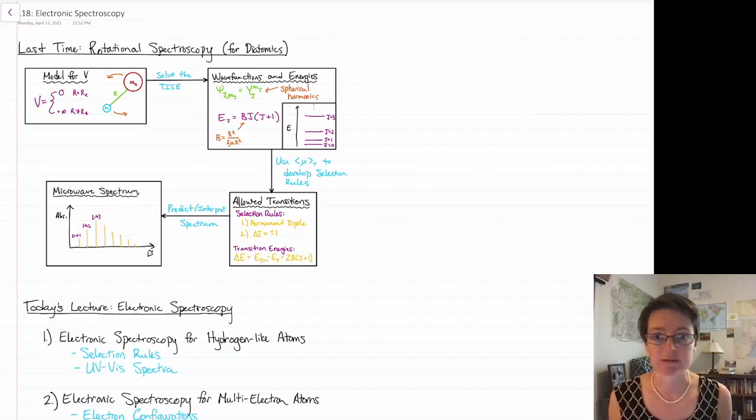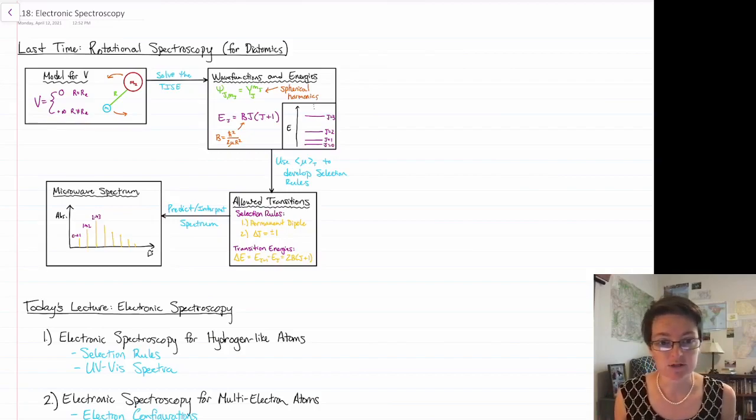With rotational spectroscopy, the type of motion we were studying was free rotation of a molecule about a fixed bond length. The wave functions associated with that motion end up being spherical harmonics, and the energy expression is pretty simple, where the energy levels are given by B, where B is a product of a bunch of different constants: Planck's constant h bar squared divided by 2 times mu, the reduced mass, times r, the bond length, squared, times J times the quantity J plus 1, where J is our rotational quantum number.